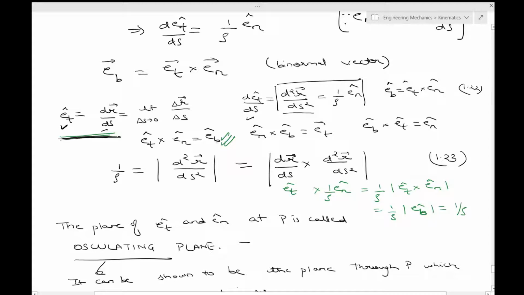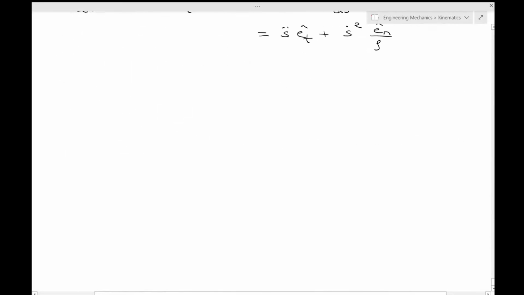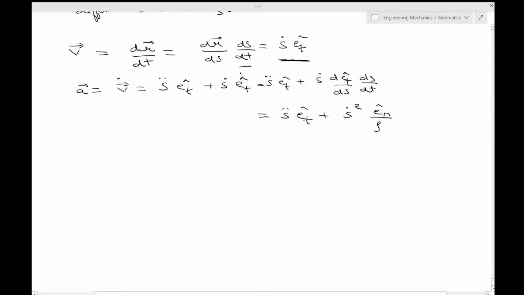So det by ds is equal to en hat by rho, that's what we have written over there. This is the acceleration, and the velocity was anyways written as s dot et hat. So this is 1.24, the acceleration and velocity in terms of the path coordinates.